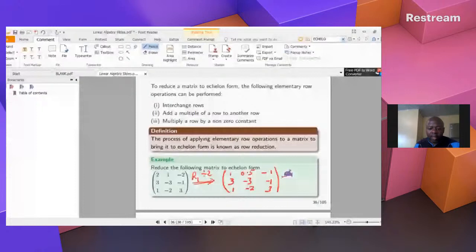So row 2 minus 3 multiplied by row 1. I get a 0 in this position. I write what I get in this position, then I write what I get in this position. Now, I'll also do something to get a 0 here. I only need this entry 1 minus this entry 1. So also I'm taking row 3 minus row 1.